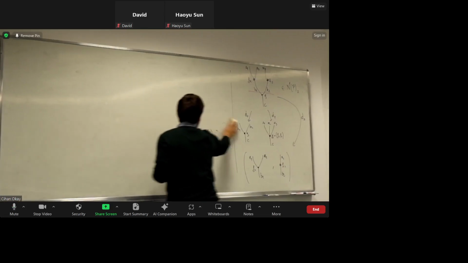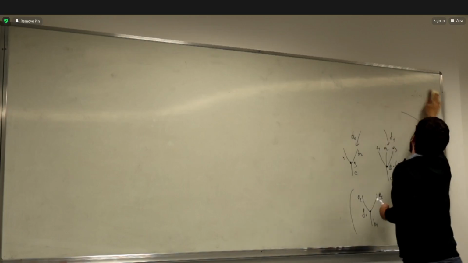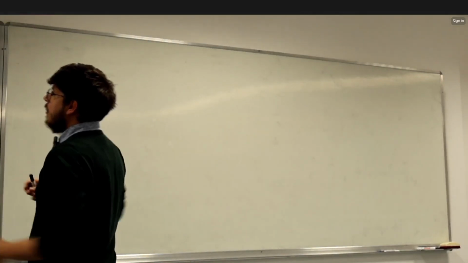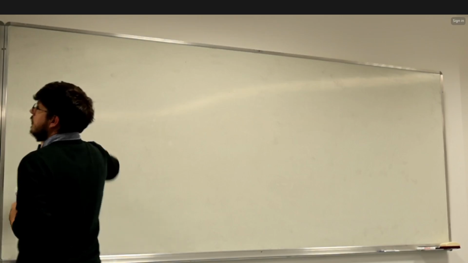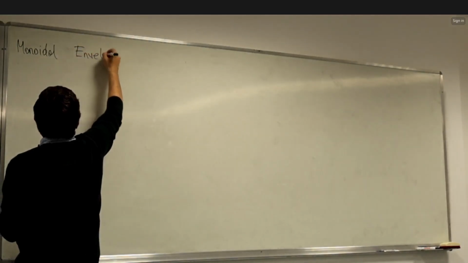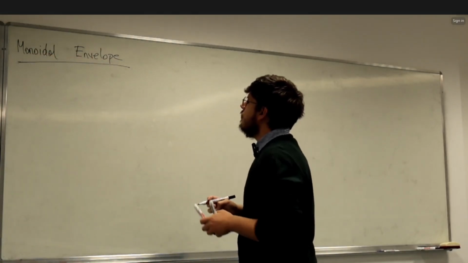So now I will address Walker's point, which is the following. We have in operad theory something we call the monoidal envelope.